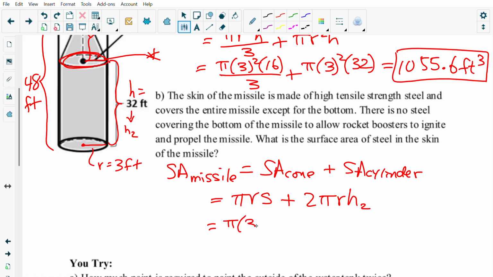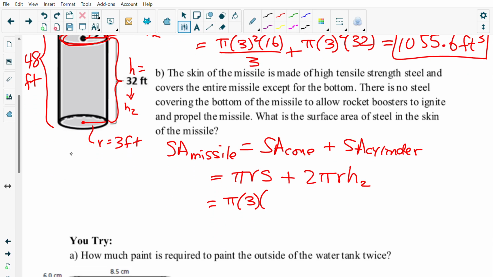So I can distinguish between the height of the cone and the height of the cylinder. Let's plug everything in. Pi times the radius of 3. The slant height, we need to calculate this. So if I take my cone, the radius is 3 and the vertical height is 16. What is the slant height?